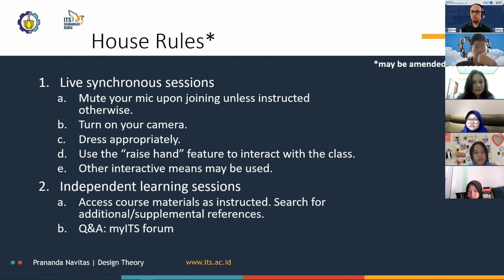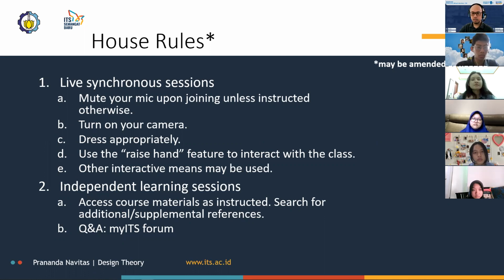If possible, it would be nice if you can turn on your camera unless your network bandwidth does not allow it or for whatever other technical difficulties. It would be nice for us to be able to see each other's faces, dress appropriately, of course. This is an actual class that we're in. And if you have a question or if you'd like to interact with the class, please use the virtual raise hand feature.